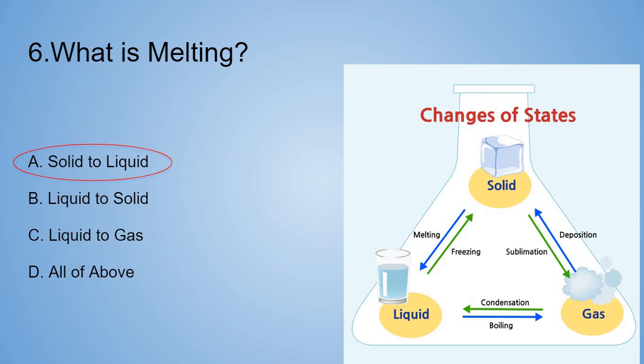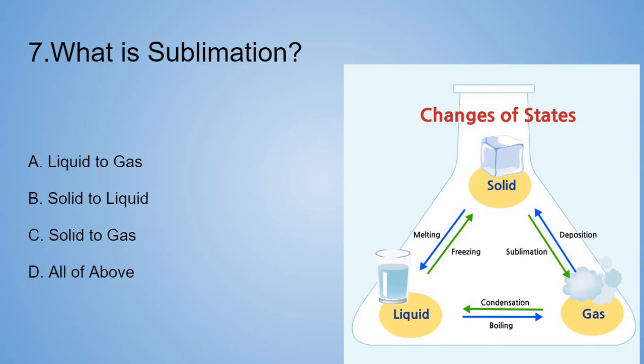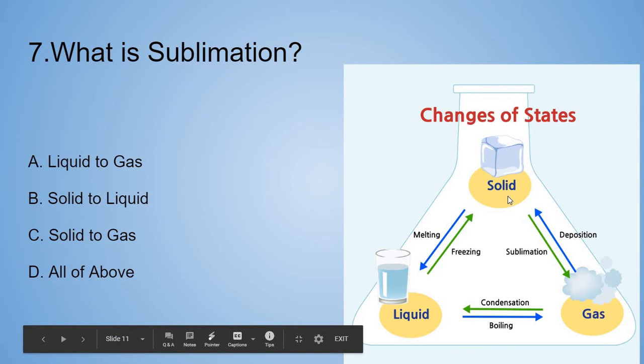Thank you, Mr. Helper. Number 7. What is sublimation? A, liquid to gas. B, solid to liquid. C, solid to gas. D, all of above. Okay, fine. Come on out, helper. Sublimation, there we go. Solid to gas.